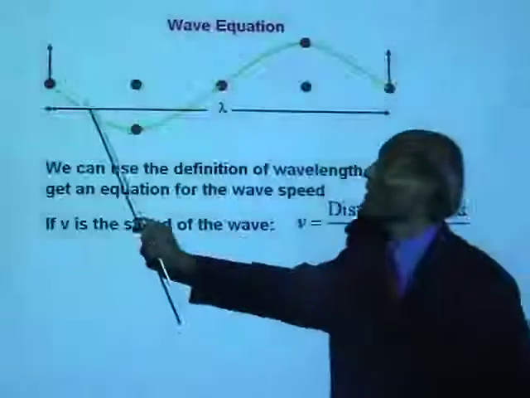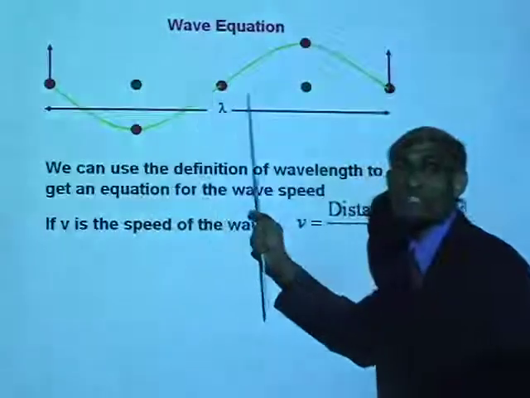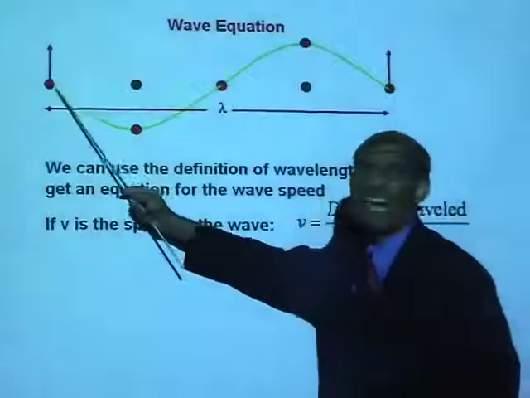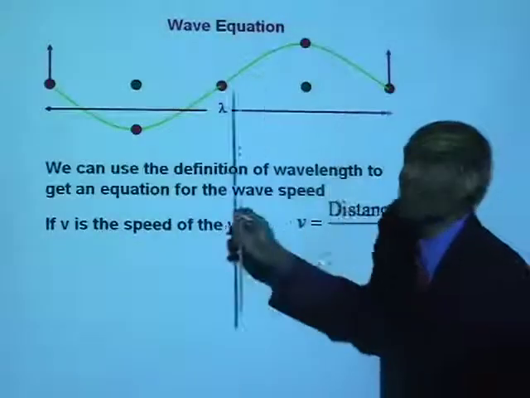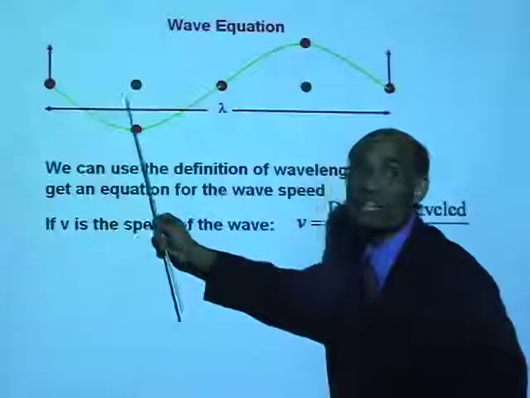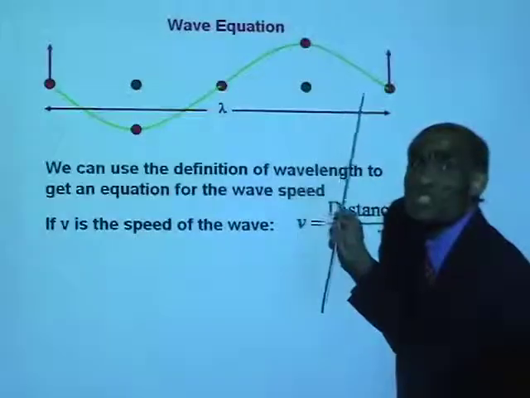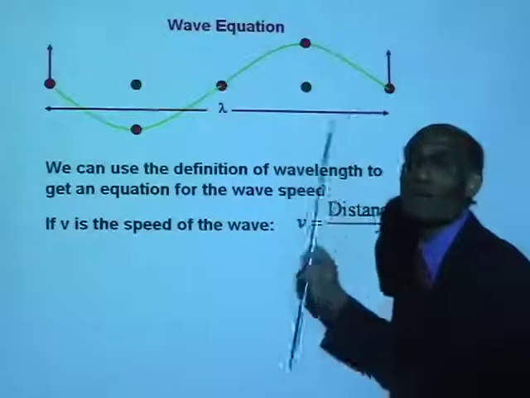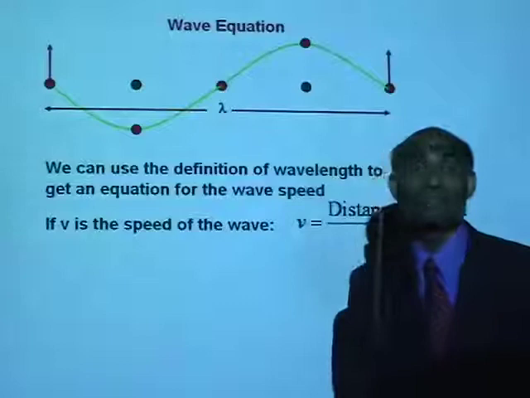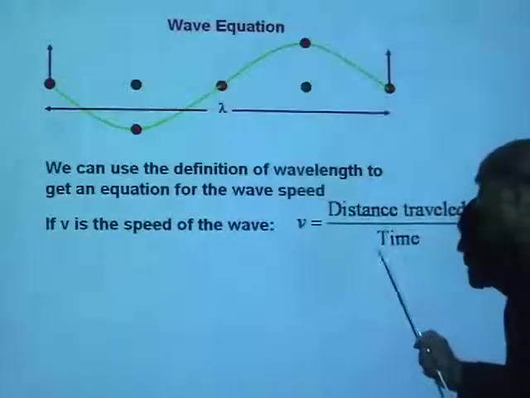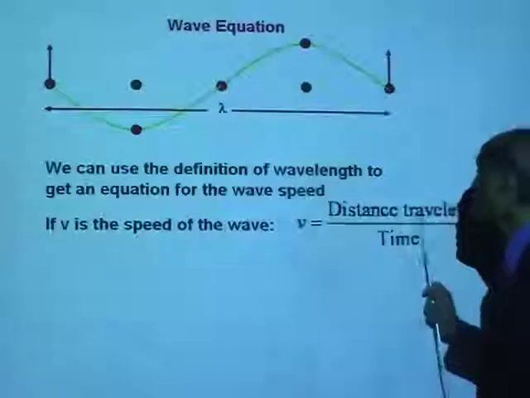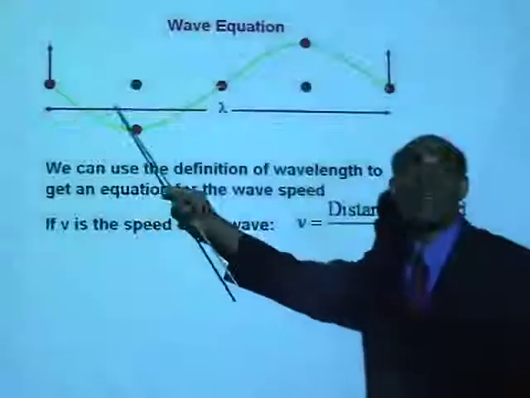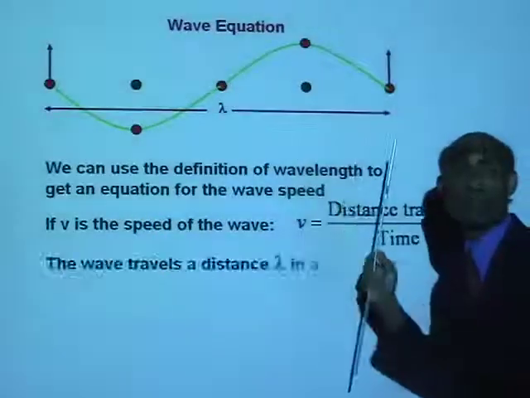Now just look at this. If this is the distance traveled, tell me what is the time taken for this distance? The wave advanced by this distance in what time? In one period. So, if this time is one period, then this distance will be one wavelength. Is that right?